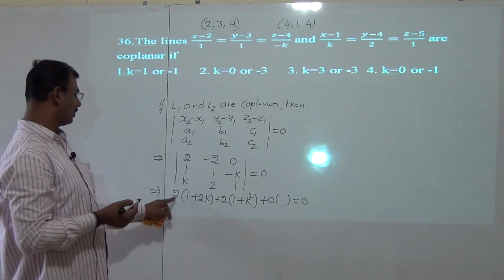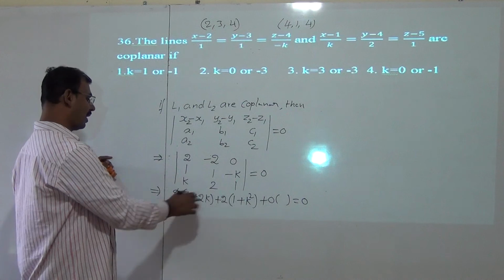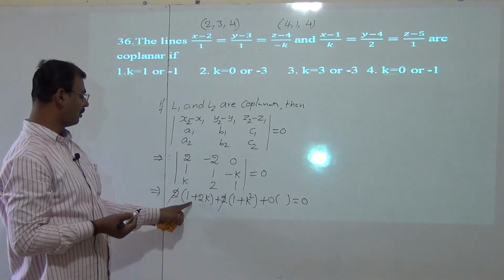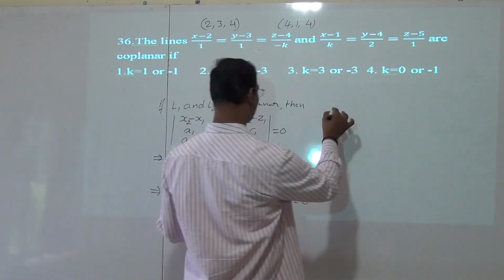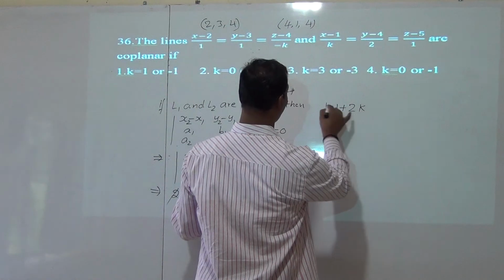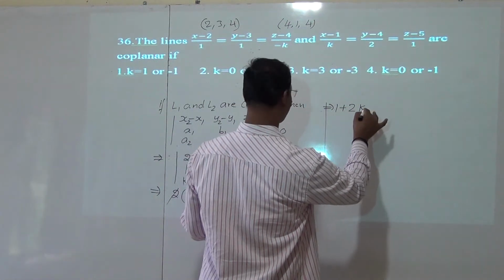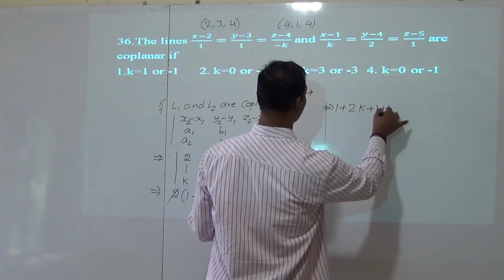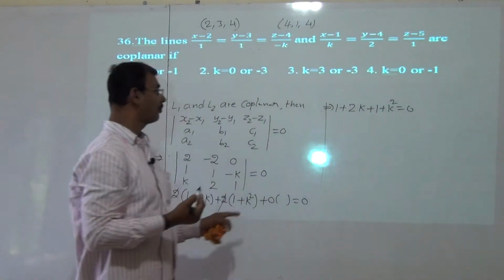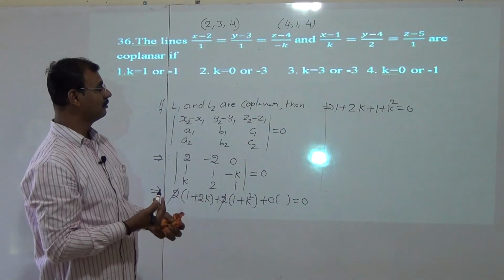Okay, throughout can you cancel 2? You cancel this 2 also. Divide by 2. What is the remaining? 1 plus 2k, 1 plus 2k plus 1 plus k² is equal to 0. Can you simplify this one?